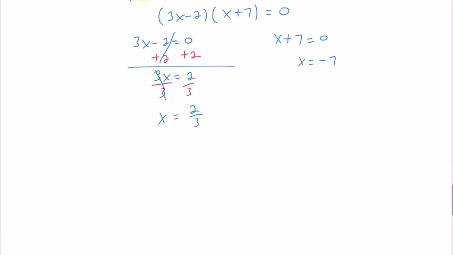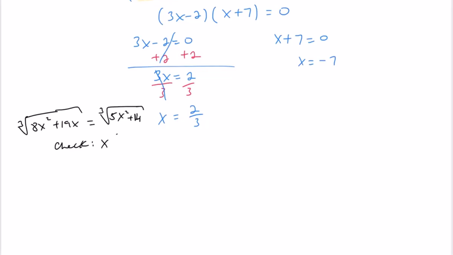So let's check. So our equation here is the cube root of 8x squared plus 19x is equal to the cube root of 5x squared plus 14.